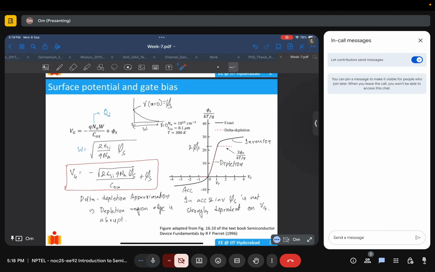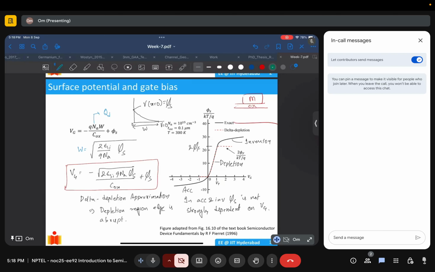increasing Vg, what starts to happen is your Qd increases. Then after inversion, all your voltage drop tends to happen in the oxide, and very little voltage goes to the semiconductor. And why this happens is because in a MOSFET, this is oxide, this is semiconductor.